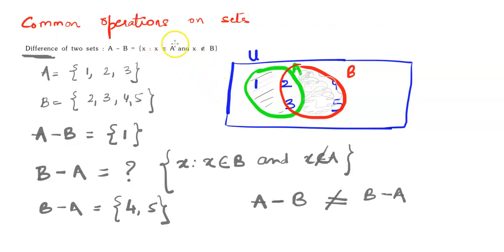Here X belongs to A and not B, here X belongs to B and not A. So hence A minus B is not equal to B minus A.